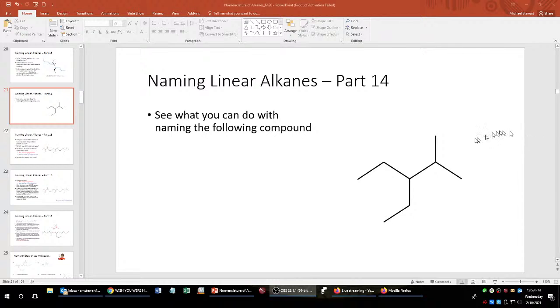In terms of primary, meaning ones that contain a carbon bound to only one other carbon, there's 1, 2, 3, 4 primary carbons: the CH3, CH3, CH3, and CH3. We've got 2 secondaries, one here and one here, and 2 tertiaries, and we don't have any quaternaries with these.